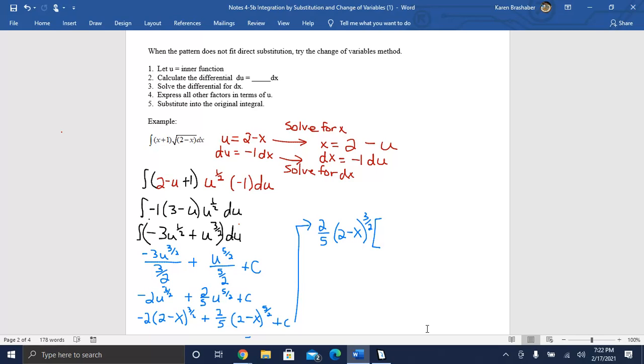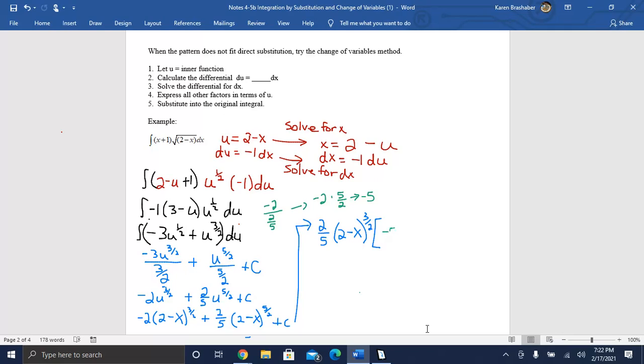So I'm going to do some work off to the side here just to help you think about it. If I take -2 and I factor or divide by 2/5, then that would be the same as -2 multiplied by the reciprocal 5/2, and that's going to give me -5.